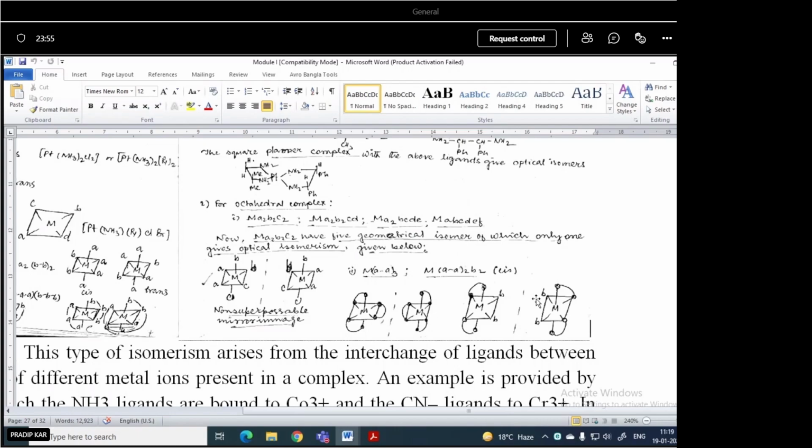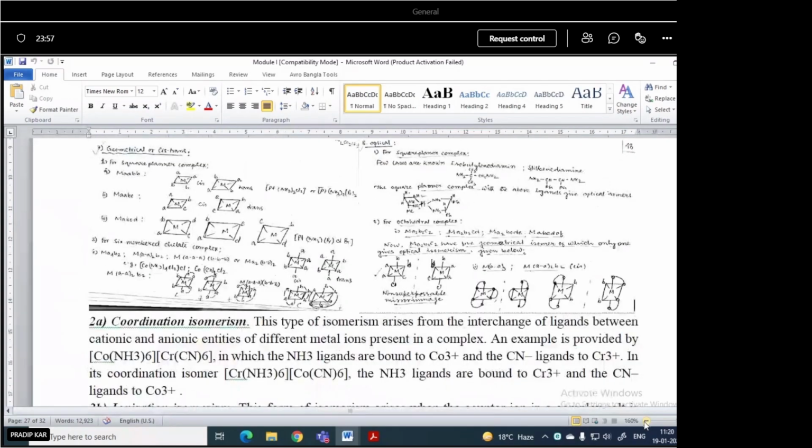So, to explain whether a molecule is optically active or not, you should look at the molecule to find the presence of a plane of symmetry. If there is no plane of symmetry, then the molecule is optically active.